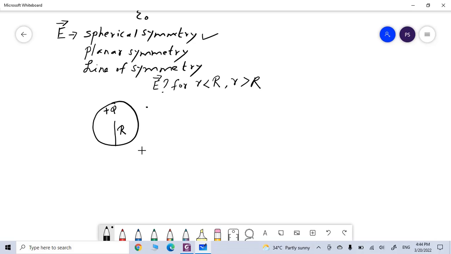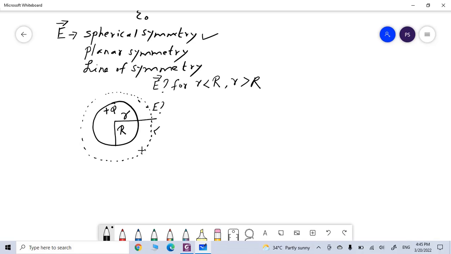Now we have to first see whether we can construct a Gaussian surface. Yes, of course we can. So we can draw another sphere, and let's say that this radius is small r. Now we just want to calculate the electric field over here.